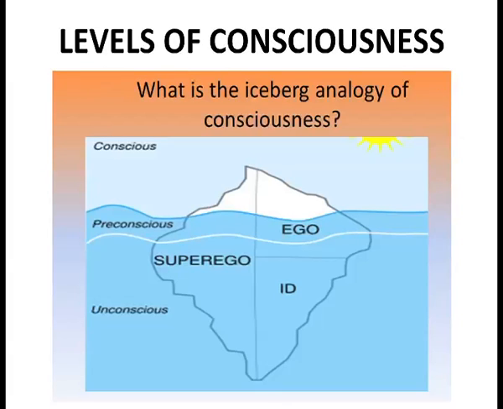The conscious mind includes our current thoughts, whatever we are thinking or experiencing at a given moment. Beneath this conscious realm is the much larger preconscious. The preconscious contains memories that are not part of current thought but can be readily brought to mind, which is to conscious if need arises.